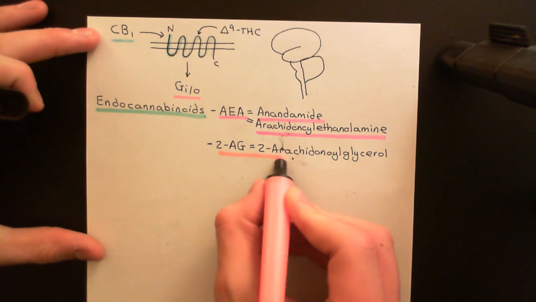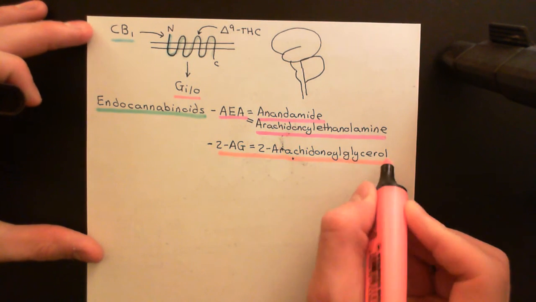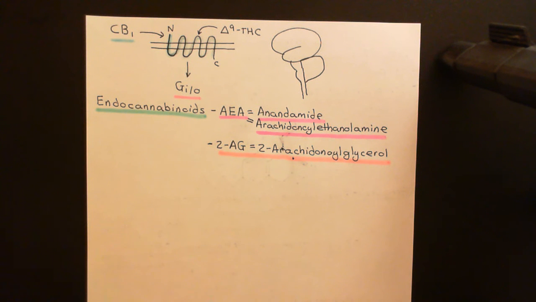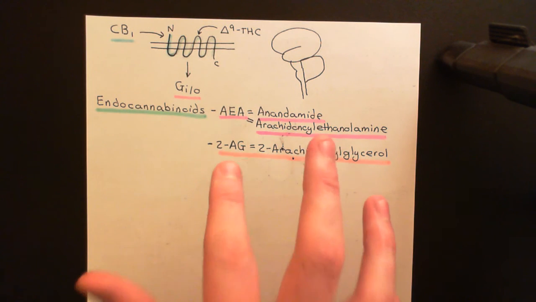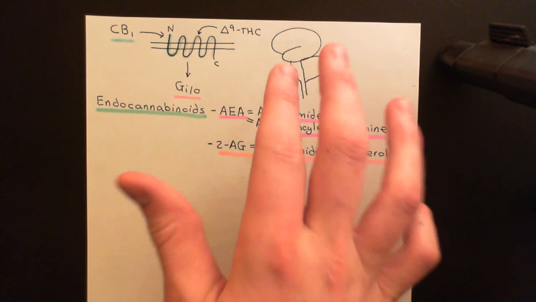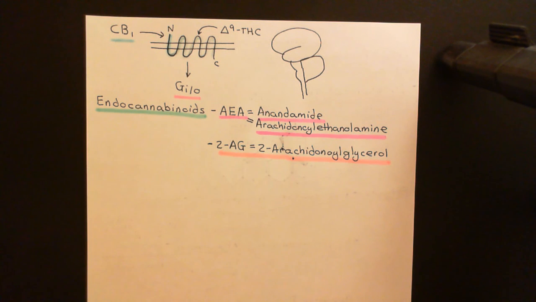Okay, so both of these molecules, anandamide and 2-arachidonoyl glycerol, are endogenous molecules found within the body with structures very different from the structure of delta 9 tetrahydrocannabinol, which bind to this receptor and activate it, and they are the molecules which the brain naturally uses to stimulate these receptors.